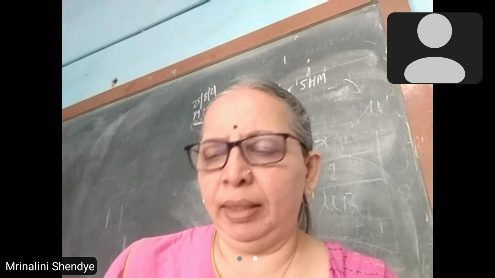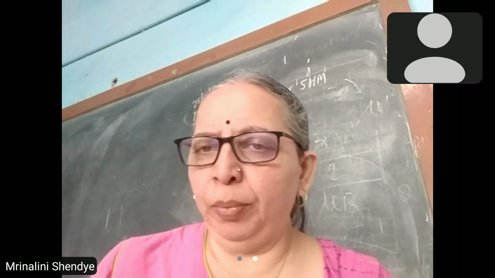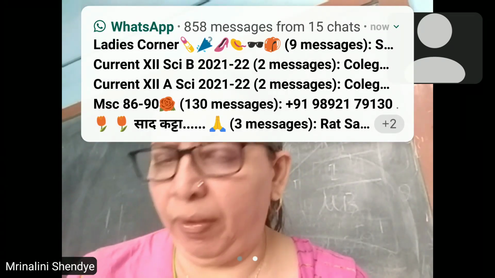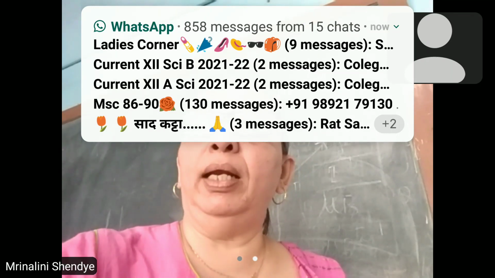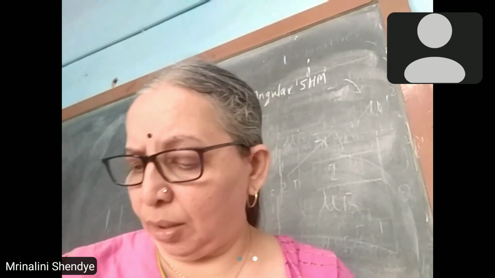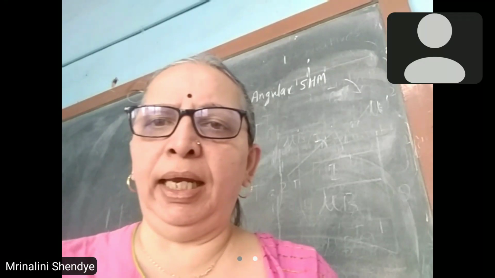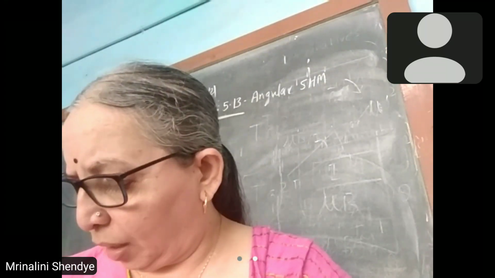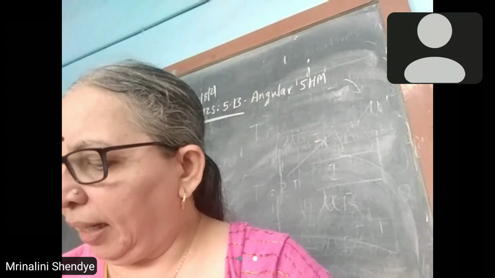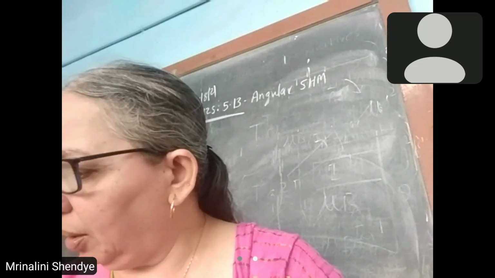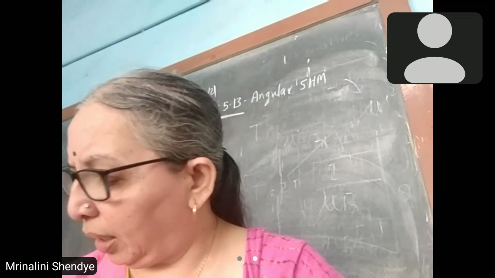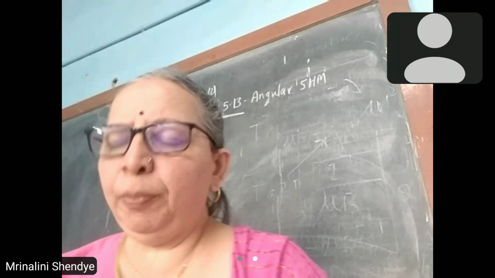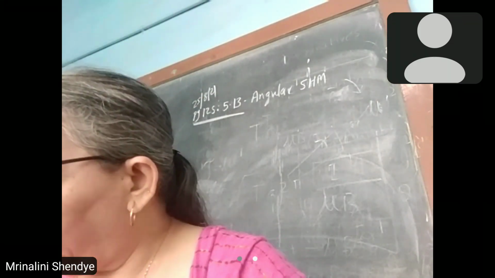So I am interested to solve numerics 21 and 22 from our exercise. अपने exercise निकालो, on page 130 निकालो page number, and on that page they have given numerics based on angular SHM. So we'll proceed further to solve those numerics.